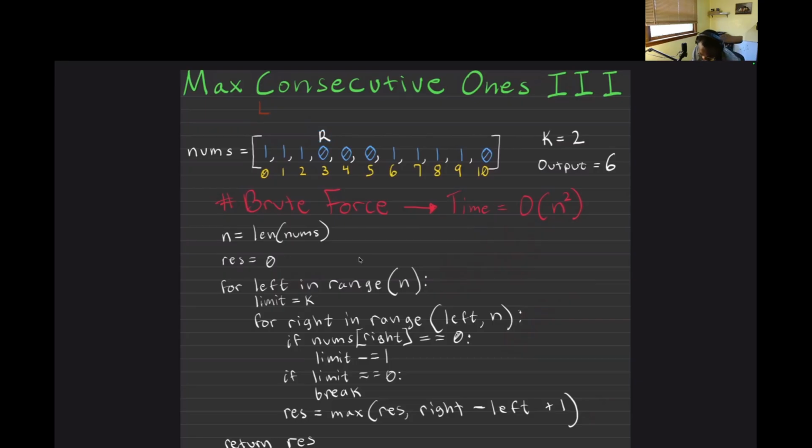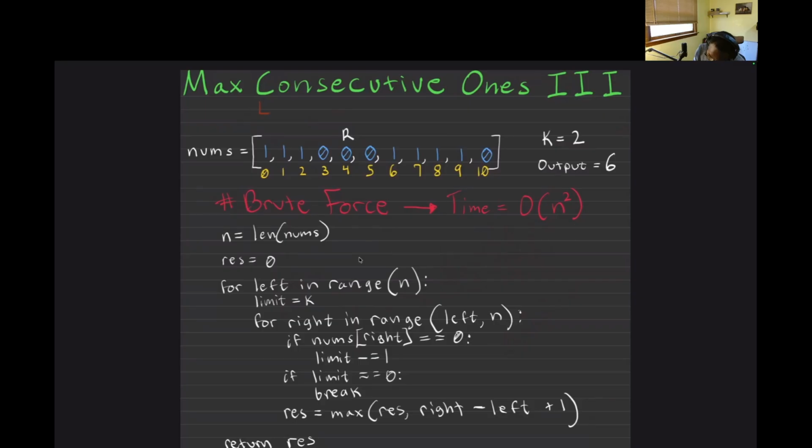And then when we get here though, right, that's when we can start decrementing our k, which I set equal to the limit, right? So if nums of right is equal to 0, we say limit minus equals 1. So our limit becomes 2 minus 1 equals 1, right? And then we update our res. So our maximum now is equal to 4. And then same logic here.